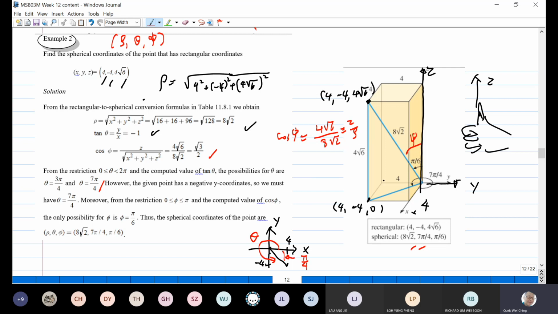Phi is equal to pi over 6, right? Square root 3 over 2, so phi equal to pi over 6. Okay, so this is actually how you sort out all this.